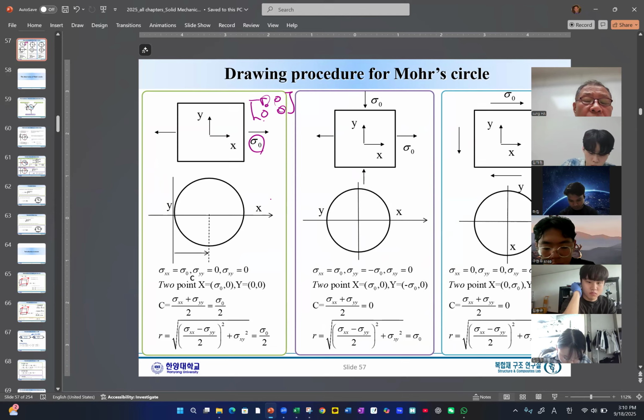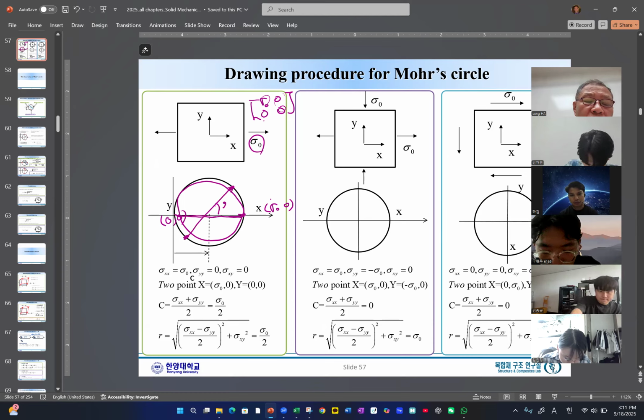If you plot this term, x is sigma and 0, y is 0. And what's the next procedure? We simply connect them and then make a circle. And then if you want a certain stress transformation at the new angle, you simply go 2 theta.